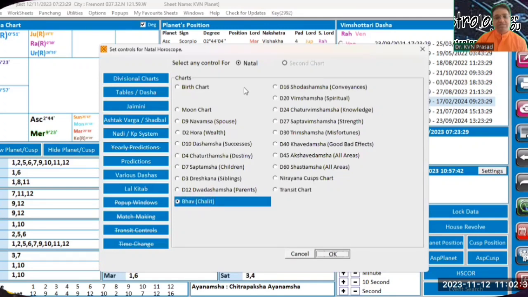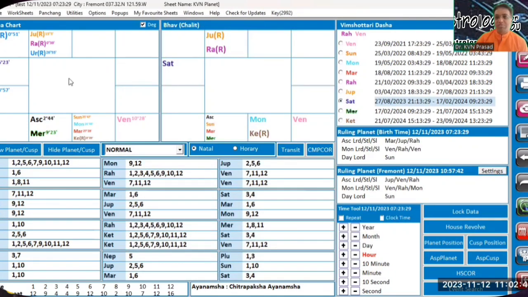This is a simple equal house system. I don't want to go much deeper into it. The ascendant is the same. You see here, I was talking about the Sun at 25 degrees and Mars at 27 degrees. They came to the first house. They're not actually physically in Scorpio, but it is just to represent that you should consider this as the first house.